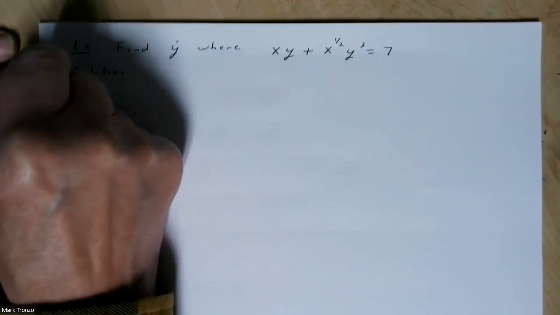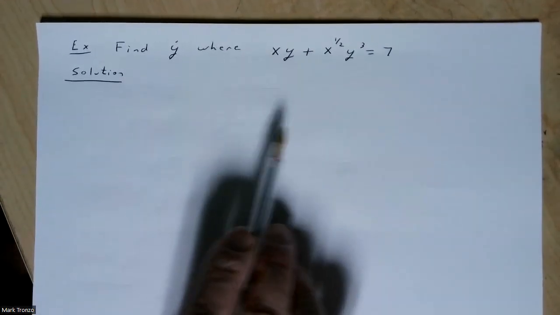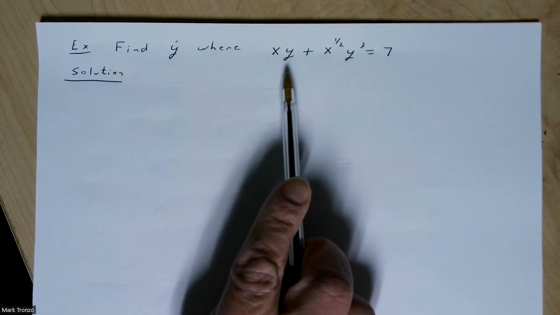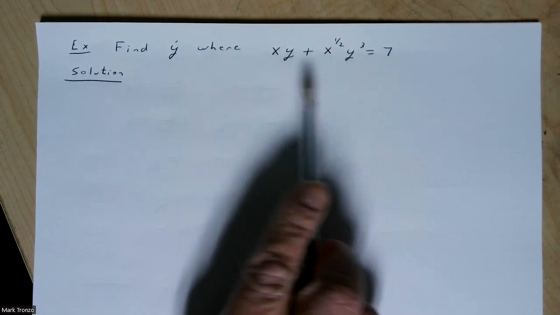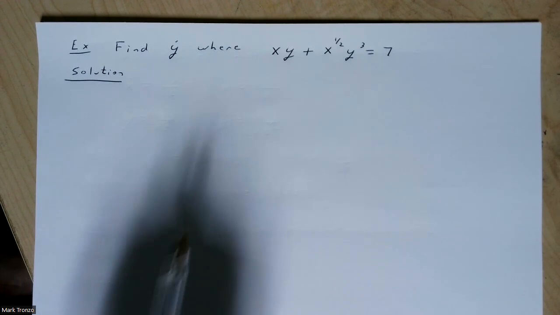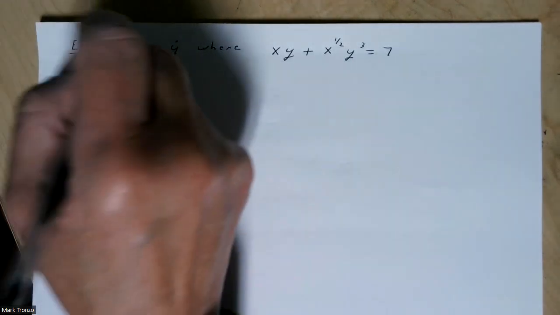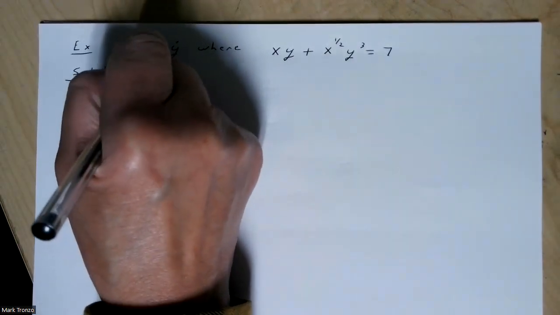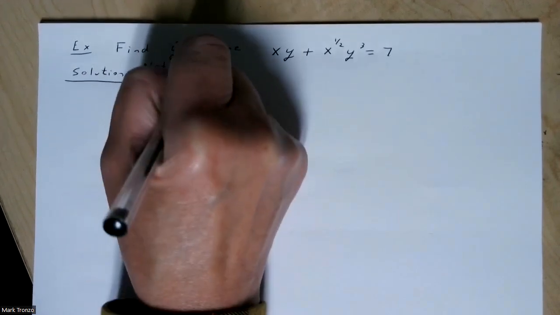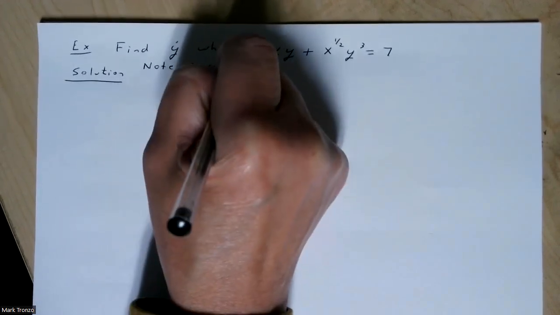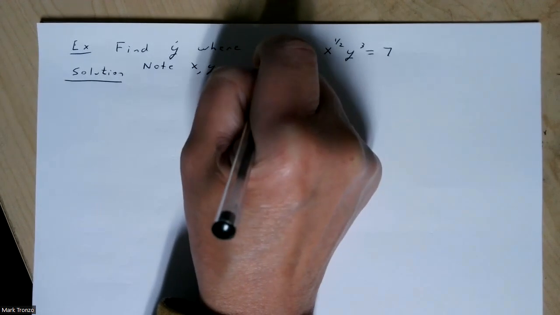Again, if you recall, when we do this, we don't have to solve for y first. That's one thing that is nice about implicit differentiation. We probably should say to start here, note x, y are functions of t.